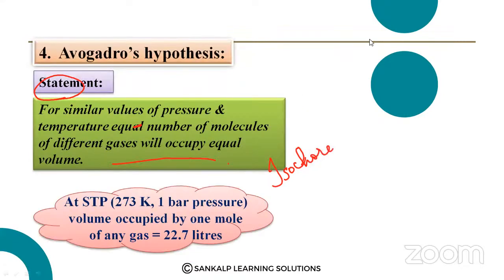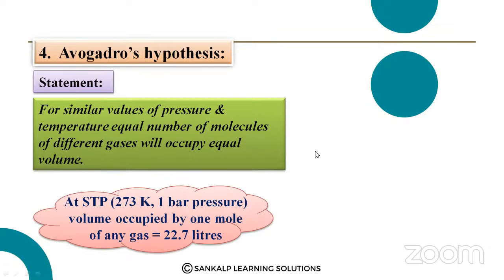Next is Avogadro's hypothesis. What is Avogadro's hypothesis? The statement is as follows. For similar values of pressure and temperature, equal numbers of molecules of different gases will occupy equal volume.